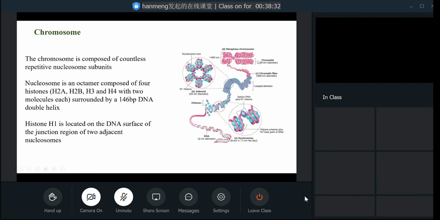Then it forms a chromatid with a 700 nanometer diameter. Then it reaches the metaphase chromosome during the cell division cycle.